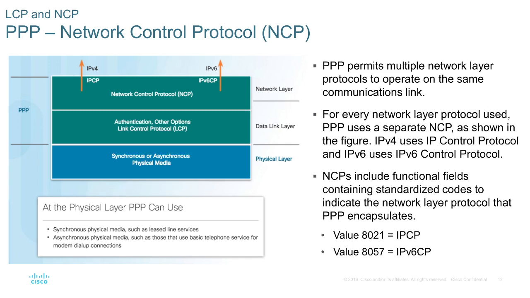That is, we can establish a single data link layer connection, a point-to-point connection, and through that same connection we can have some IPv4 communication happening and some IPv6 communication happening, and all of these things can happen at the same time. So at the NCP level, it will include some additional ways to differentiate between those different network layer protocols, and then the encapsulation can happen according to those identifiers.